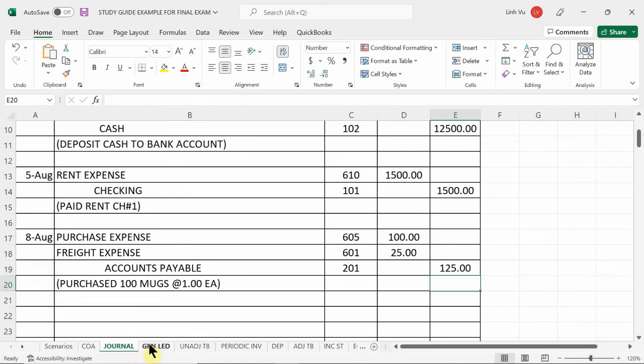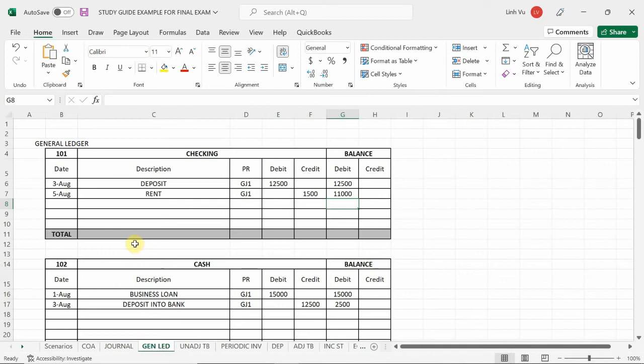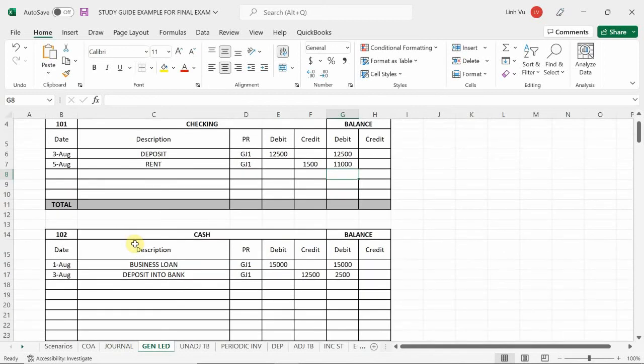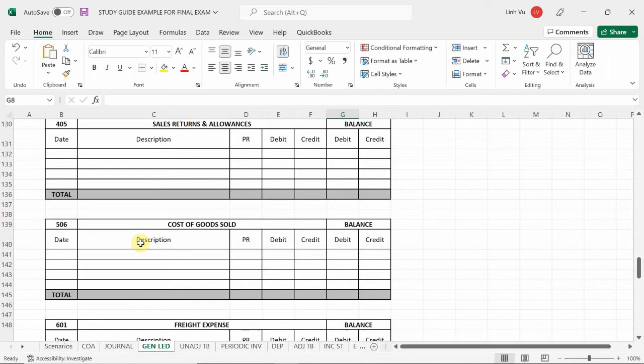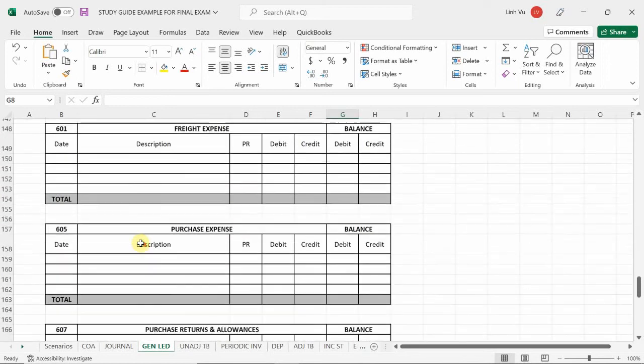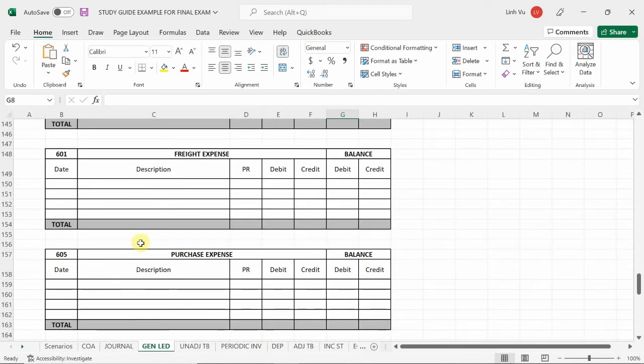So again, let's go ahead and plug that in my ledger first. So in this case, we're dealing with purchase expenses. Here's purchase and freight.